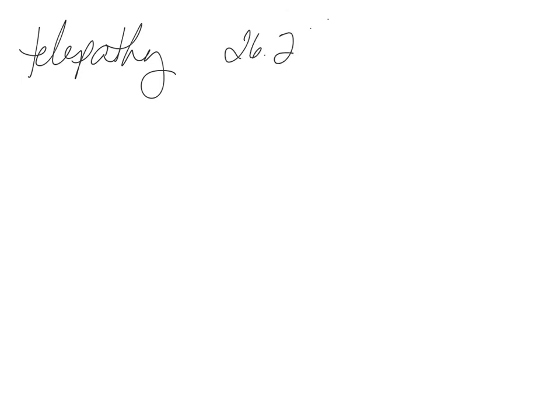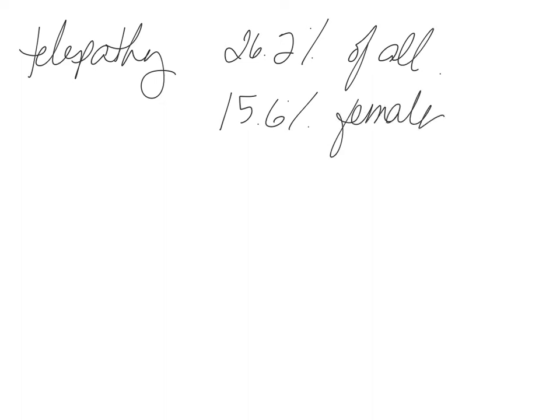Before we get into the questions, I want to look at the data a little bit and see if we can learn something. So if we go to telepathy, 26.2% of all students picked telepathy. 15.6% of them were females, and 10.7% were males. And the other one that we were talking about was super strength.